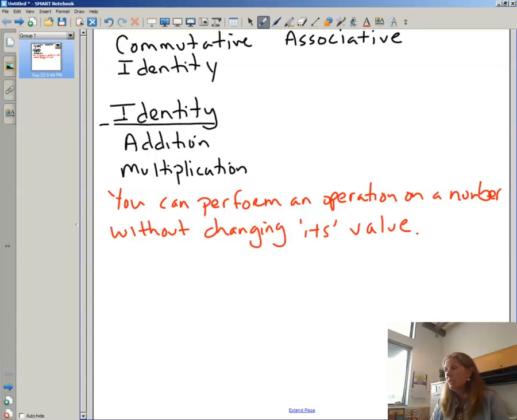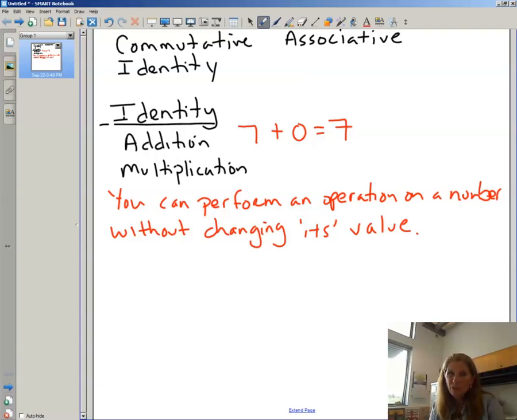That's an identity. So what could you add to something without changing its value? 0, right? So I could take 7 and add 0 and I would get 7 still. That's the identity for addition.